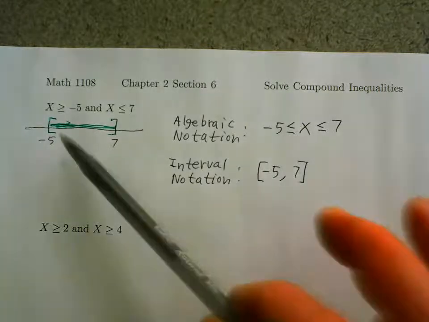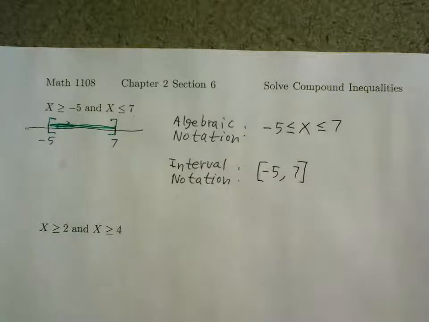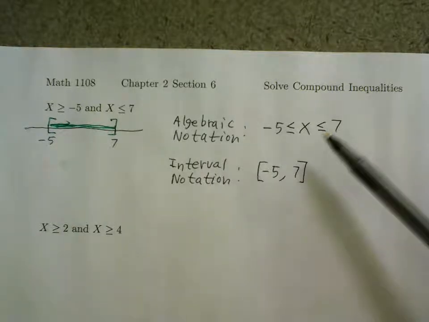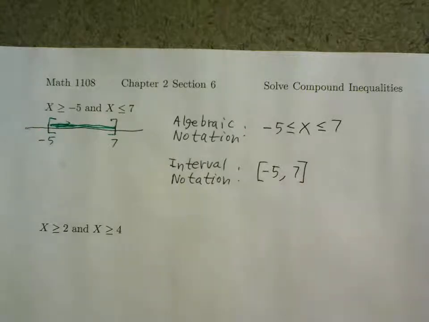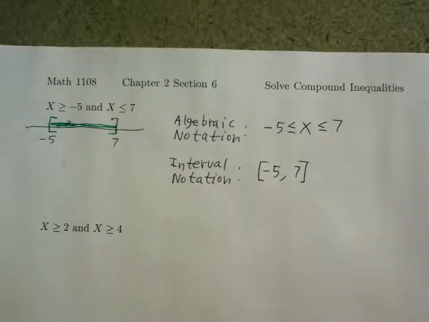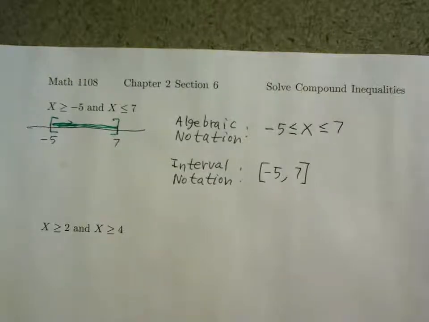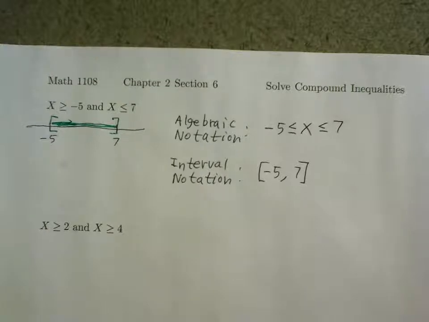So each one of those represents the same set of numbers, either graphically or algebraic notation or interval notation. Okay, so we've covered the pretty straightforward ones. Now we're going to get some that are a little trickier.